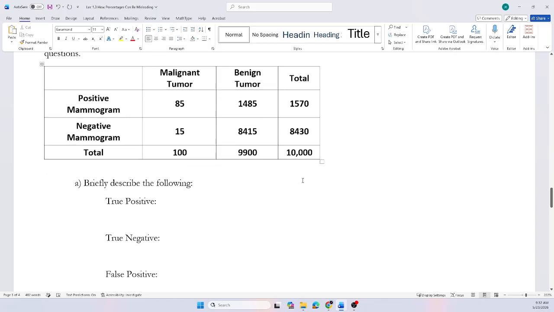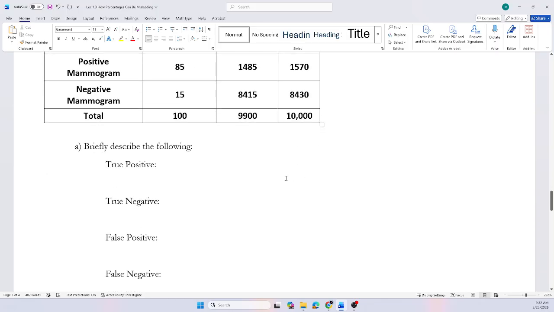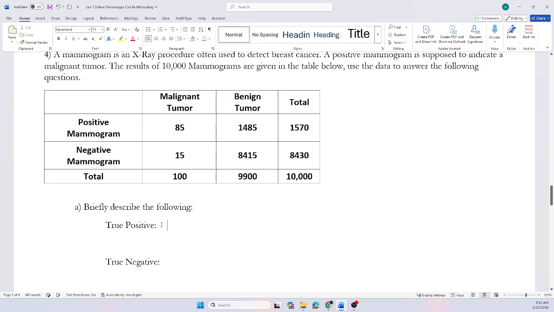So the questions are asking, how many true positives are there, true negatives, false positives, false negatives. So let's take a look at that. A true positive means the patient tested positive and has a malignant tumor.